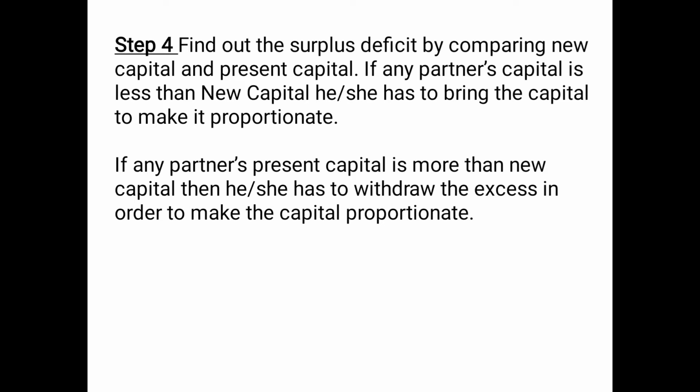And if there is a deficient amount which he was required to bring, and if it has to be transferred to his current account, then his current account will be debited and ultimately it will be shown on the asset side of the new balance sheet after the admission.